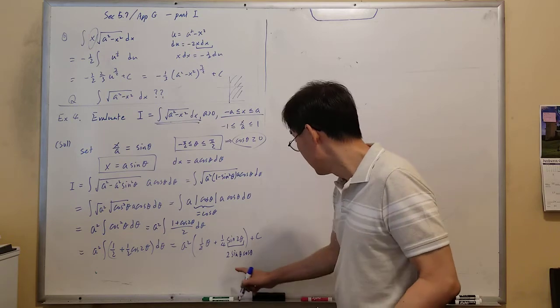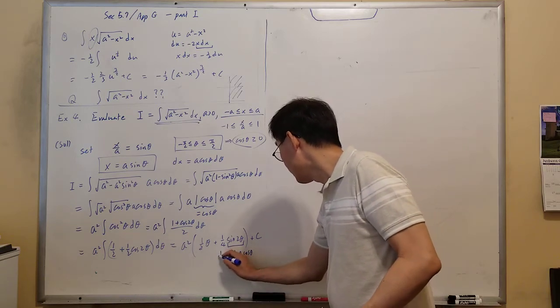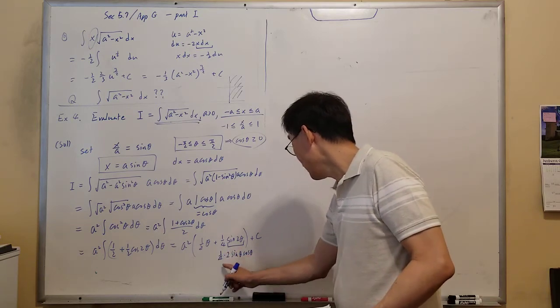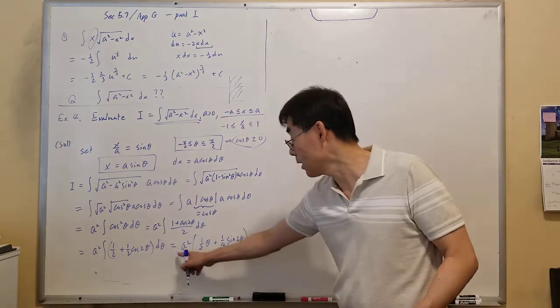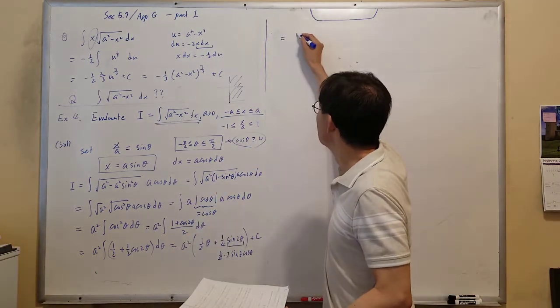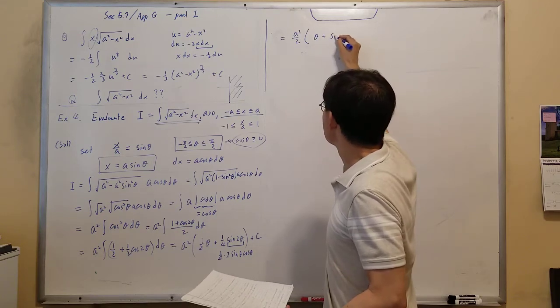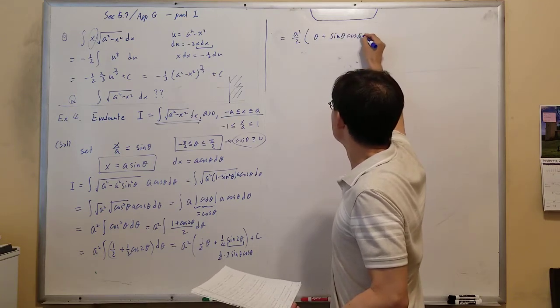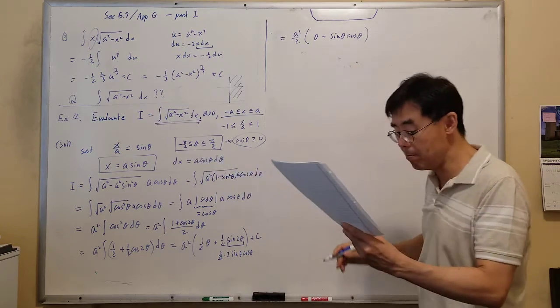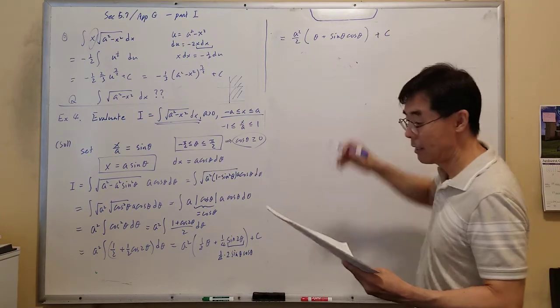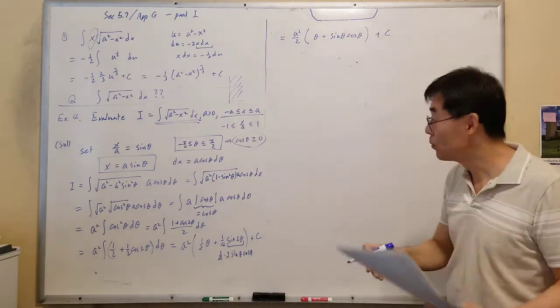Alright? So 2 cancels, 1 over 4 times this. So 1 half sine theta cosine theta. I'm going to take out 1 half. A squared over 2. Okay? Plus c, obviously.